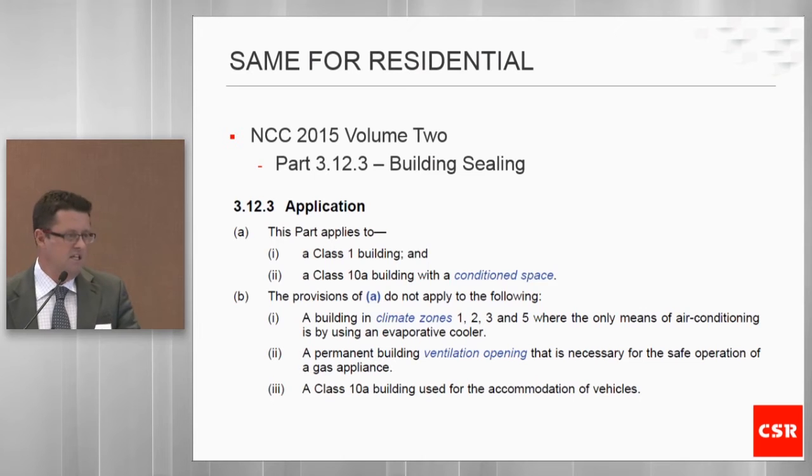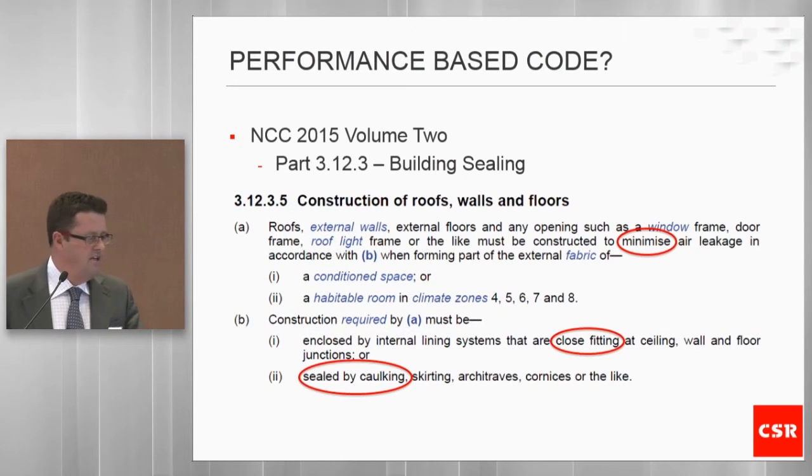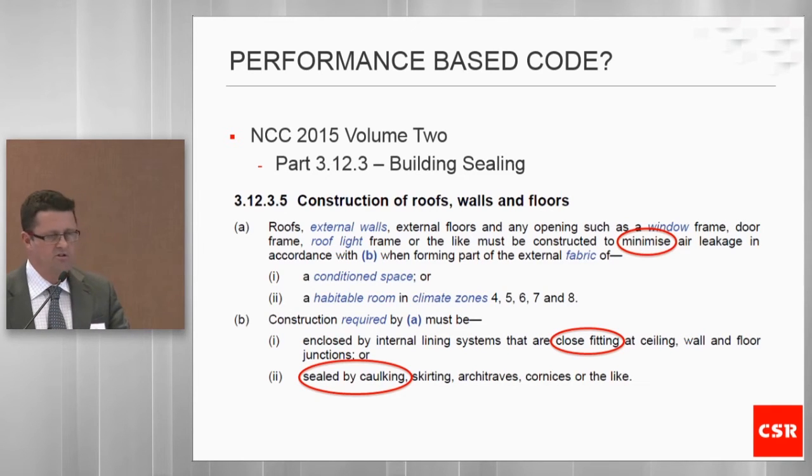It has exactly the same language again. It talks about minimising air leakage, close fitting of your internal lining at ceilings, walls, floors, junctions, and sealed by caulking for skirtings, cornices, architraves and the like. Again, this is performance. I think it's questionable whether that is actually performance or not.